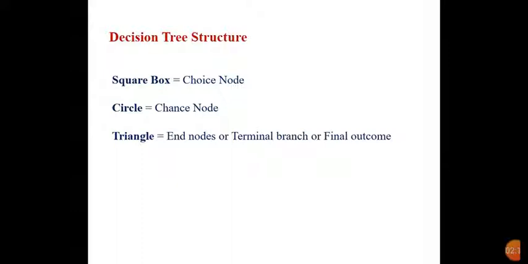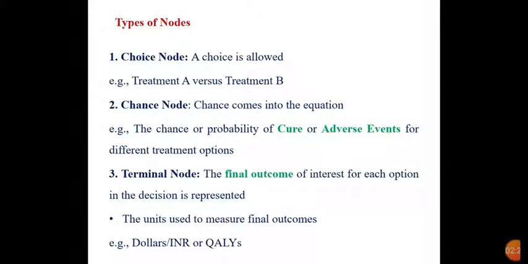The square box represents choice node, circle represents chance node, triangle represents end nodes or terminal branch or final outcome. Choice node: a choice is allowed, for example, treatment A versus treatment B comparison.